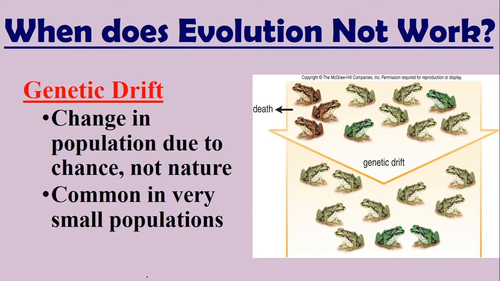They have no foresight to sense where the foot is going to land and not be in that path. It was a chance that they didn't get squashed. And so that could change a whole population, because say you kill off all the blue beetles, and so there won't be any more blue beetles left. So it's all about chance, not nature.